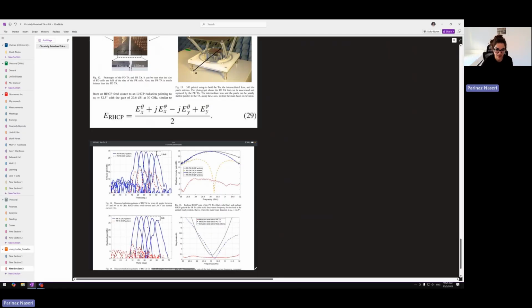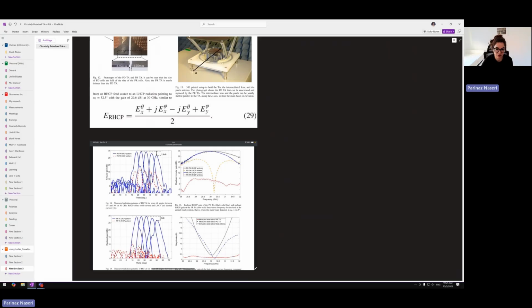And you can see here that in the prototype, we got even better results. You can see about 20 dB of axial ratio or cross polarization for the PR array, the phase rotation one, while for the PD array, you can see the cross pole is going exactly the same direction, so you don't have a good axial ratio.